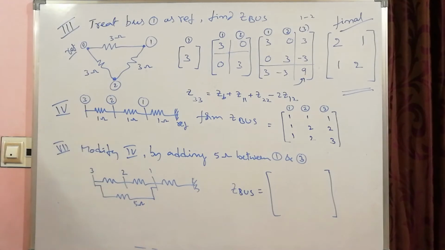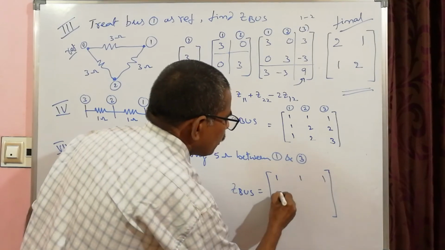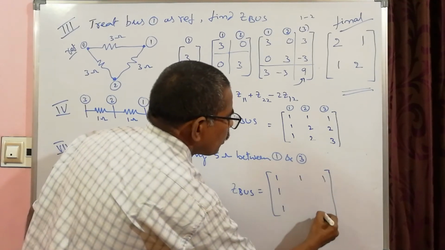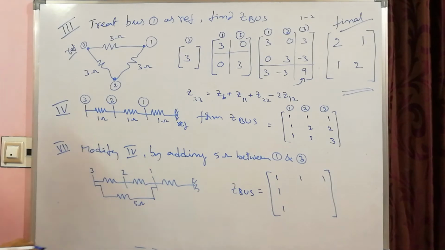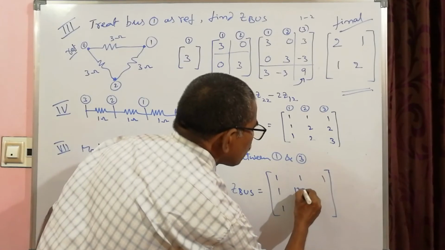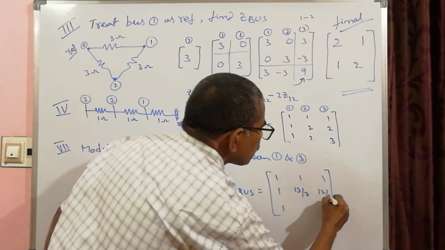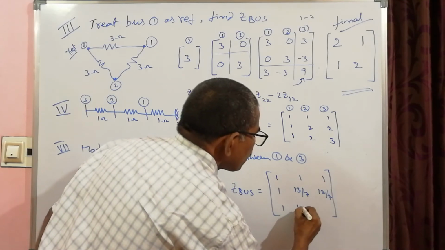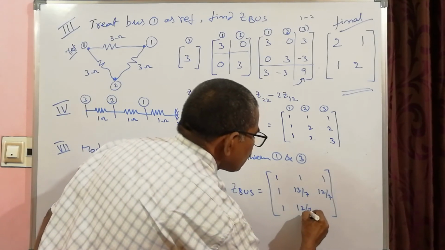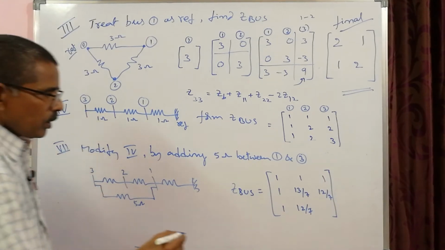Finally, the values (13 by 7, 12 by 7). So, here it is 12 by 7, 17 by 7.